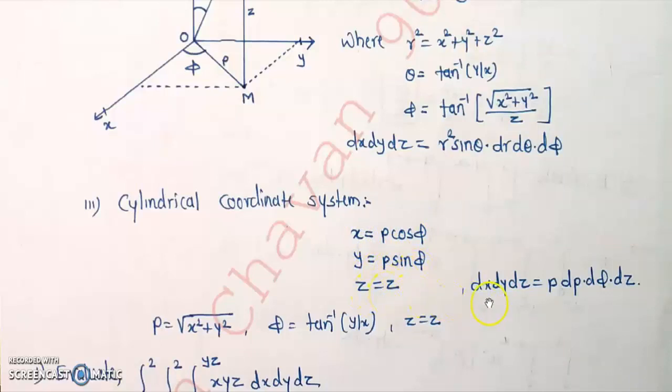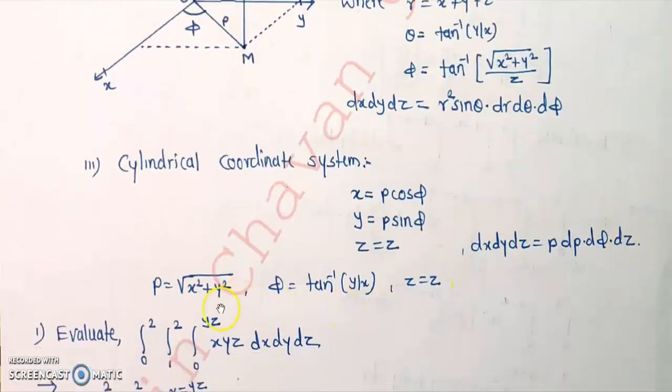Therefore the substitution for dx dy dz is p dp d phi dz, where p is root of x square plus y square and phi is tan inverse of y by x, whereas z remains z.